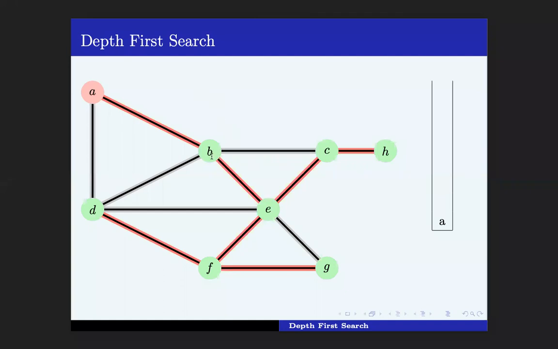At this time, I am going to check what the neighbors of B are. The neighbors of B include D. So I'm visiting D from B. I'm finding it marked green, so I don't do anything. I go and see C. I find it marked green, so I don't do anything. But I am moving, right?